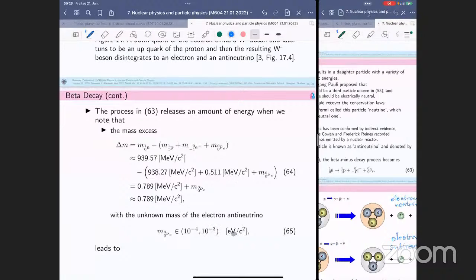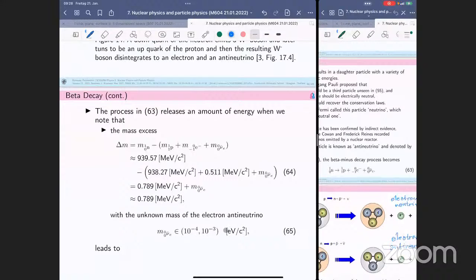It's only electron volts, about 1 million times less than the scale of the electron mass. You can see the neutron or proton mass is almost 2,000 times greater than the electron mass, but the mass of the electron neutrino is a million times less than the mass of the electron.